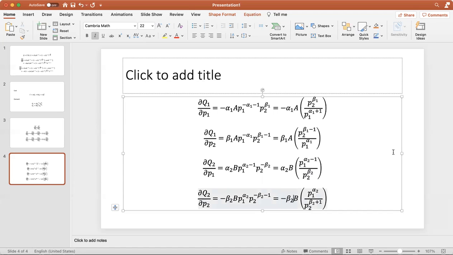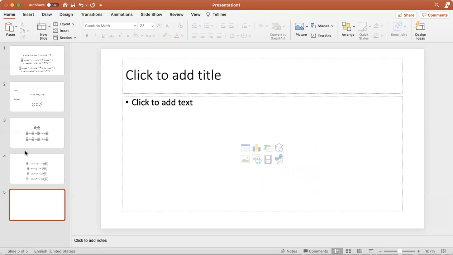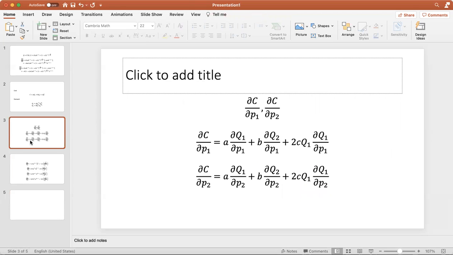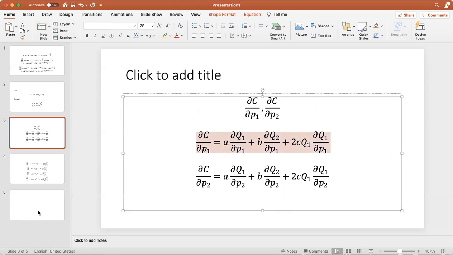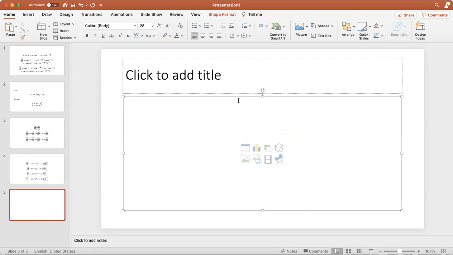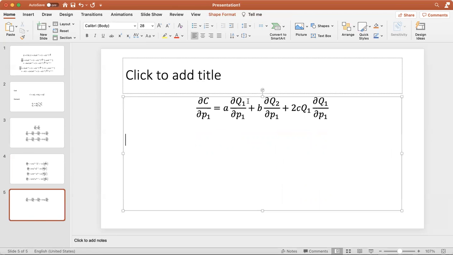Okay. Now we have the 4 equations, so we just have to plug them back into the derivative of C. All right. So let me copy this here. So what is partial of Q1 with respect to P1? And what's partial of Q2 with respect to P1?